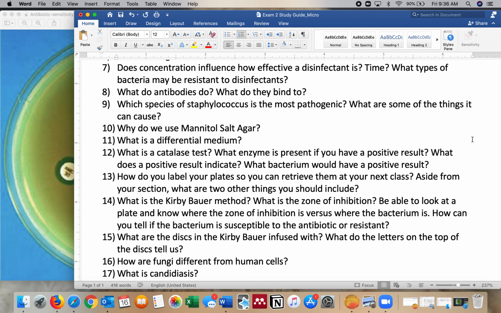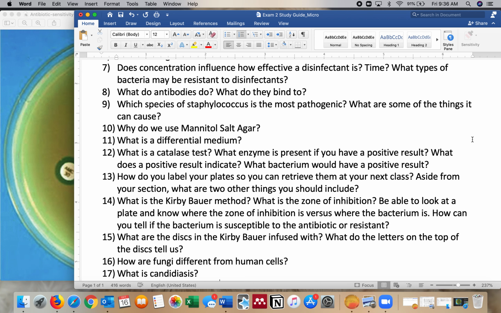So, what did you observe? Did you see that time was a factor, or concentration was a factor on whether or not it was killing the bacteria? What types of bacteria may be resistant to disinfectants?